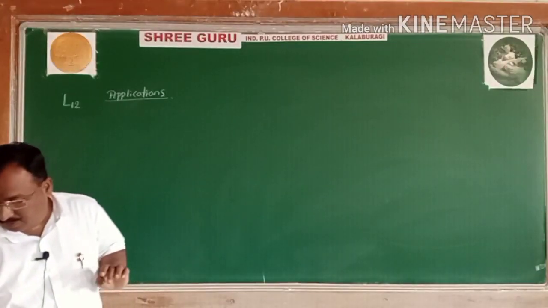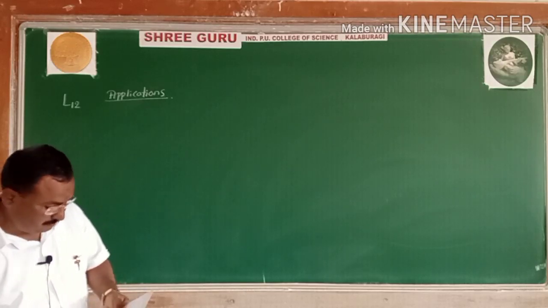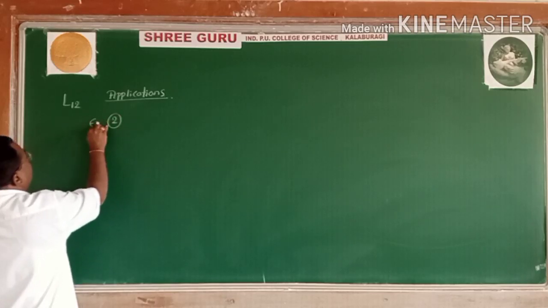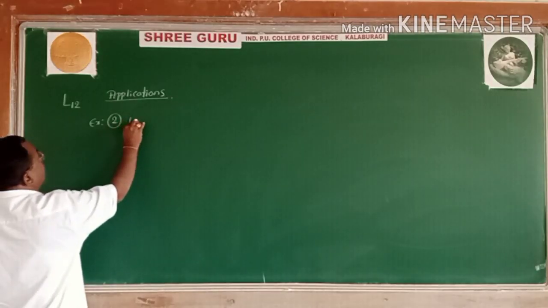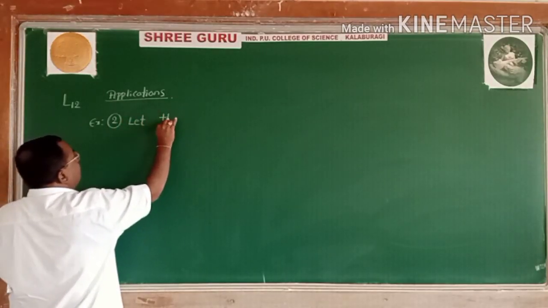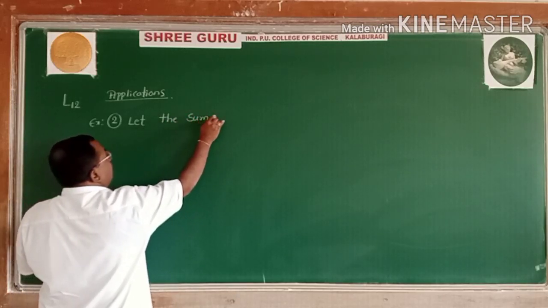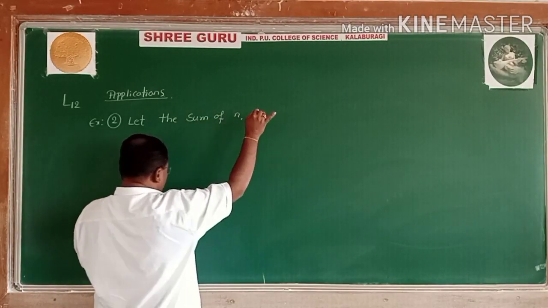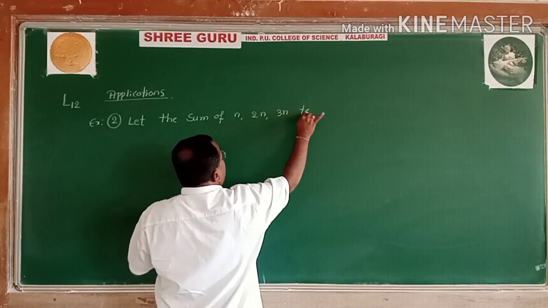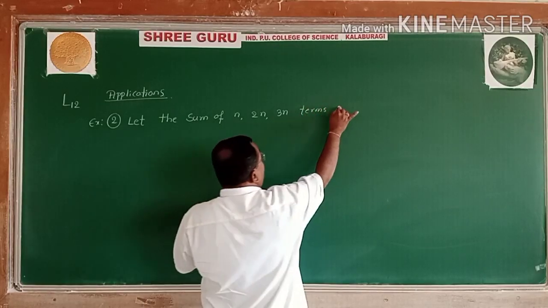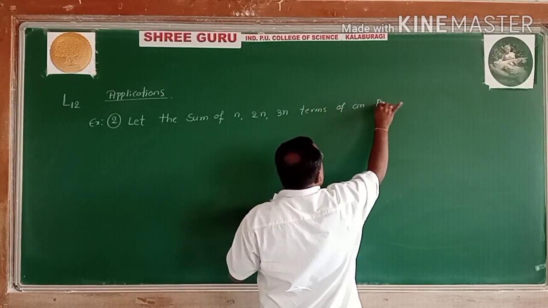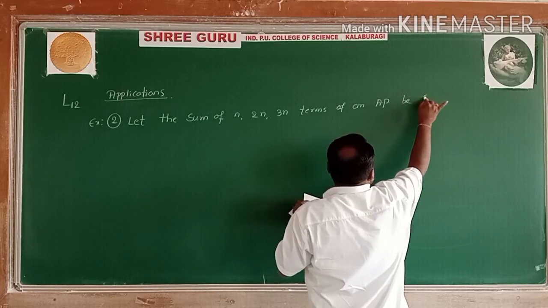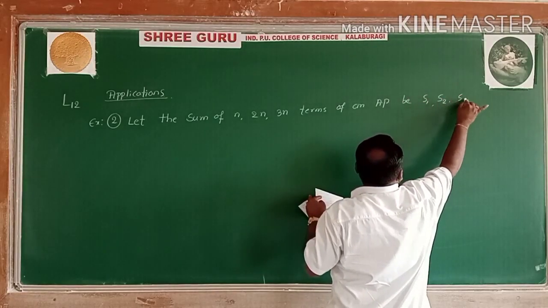Next, example number 2. Let the sum of n, 2n, 3n terms of an AP be S1, S2, S3 respectively.